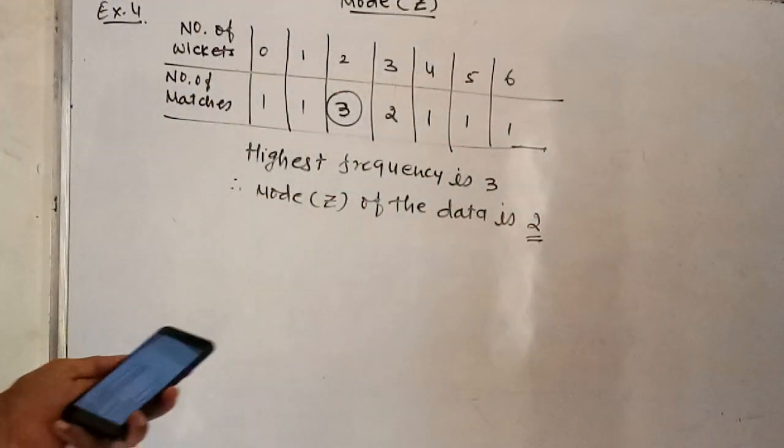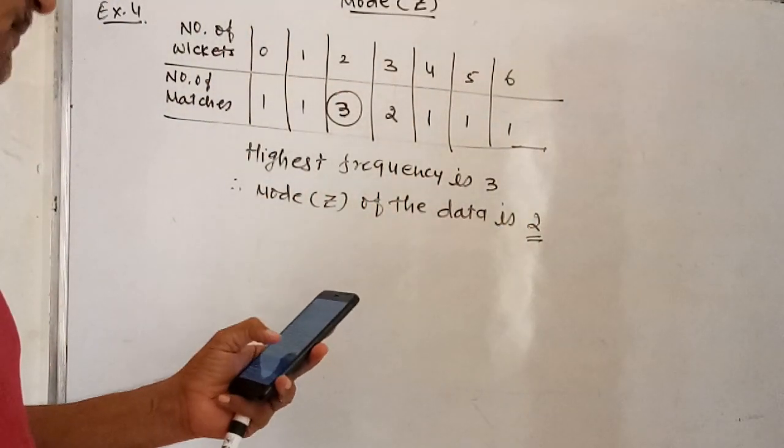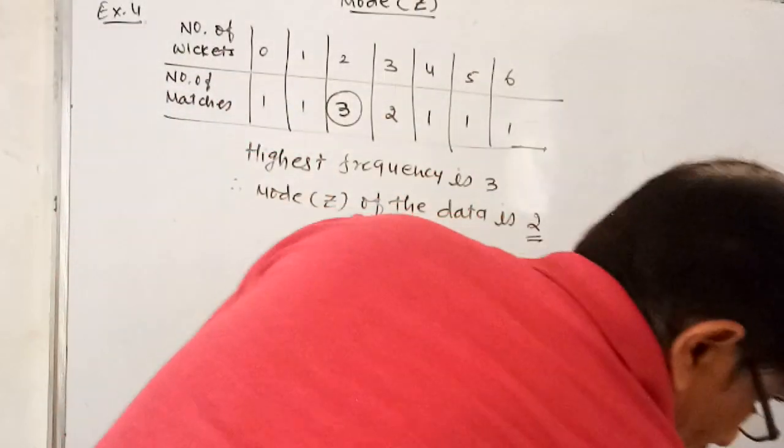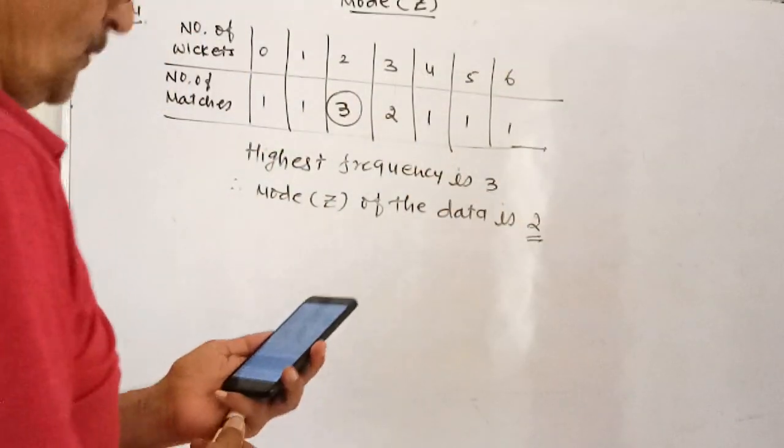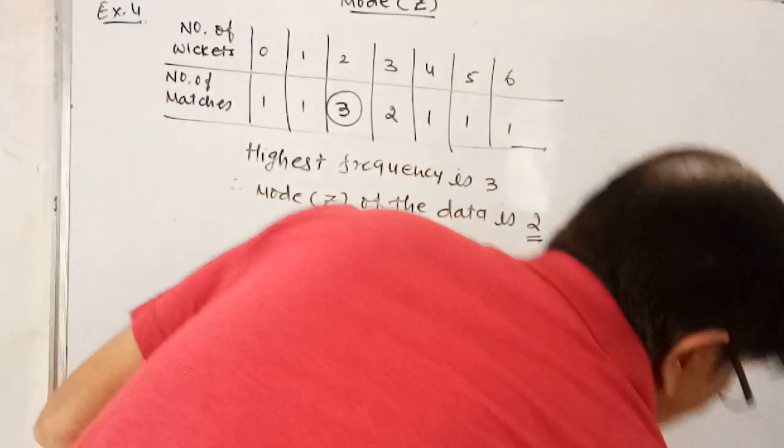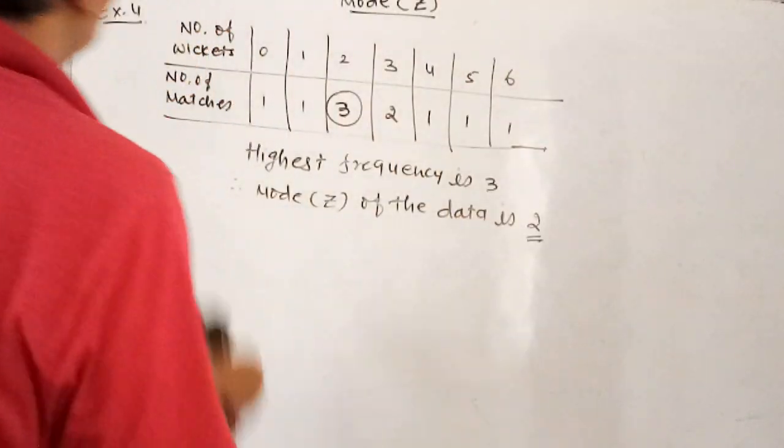Okay? For grouped data, now we have a formula and which we have to learn. So for formula, just I am writing first of all for grouped data. This is ungrouped data.